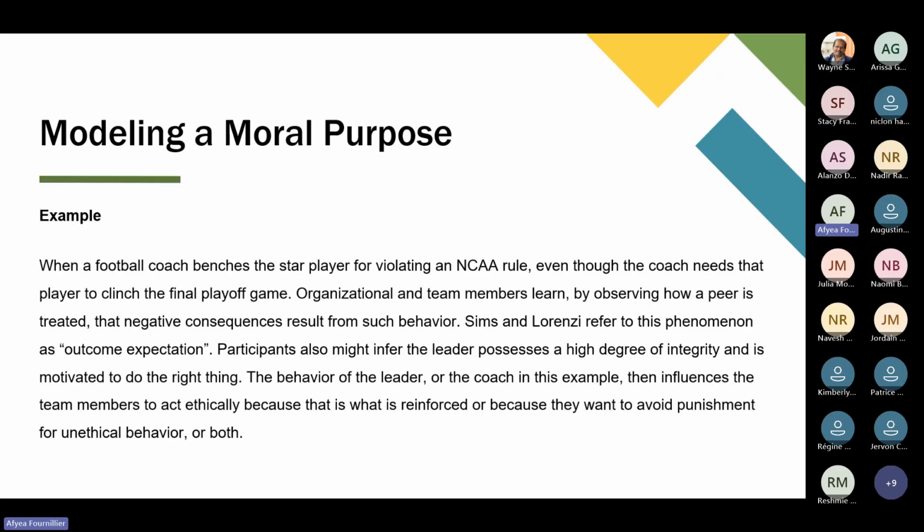Sims and Lorenzi refer to this phenomenon as outcome expectation. Participants also might infer the leader possesses a high degree of integrity and is motivated to do the right thing. The behavior of the leader or the coach in this example influences the team members to act ethically because this is what is reinforced, because they want to avoid punishment for unethical behavior, or both.